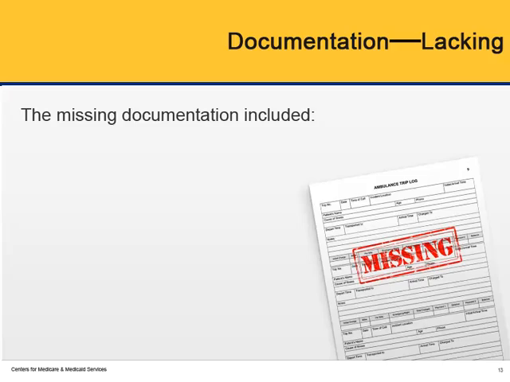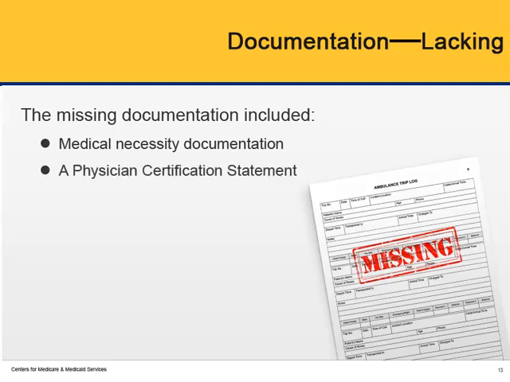Hospital transport staff documented and maintained ambulance medical records for services they furnished to patients. However, the records were missing rule-specific documentation, including medical necessity documentation, a physician certification statement, or required signatures.